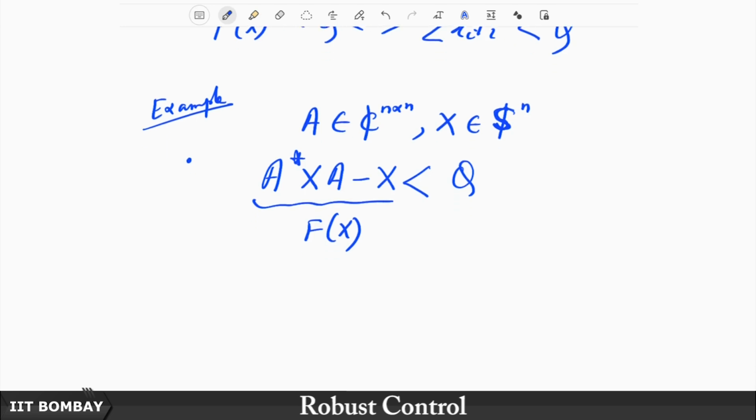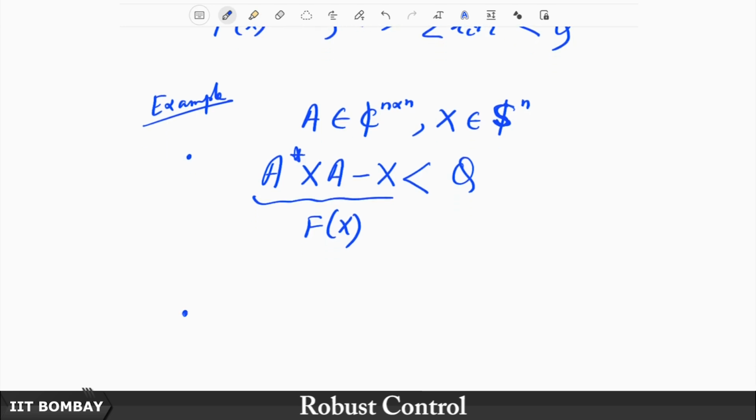Okay, let's look at something that's a little more complicated looking than this.